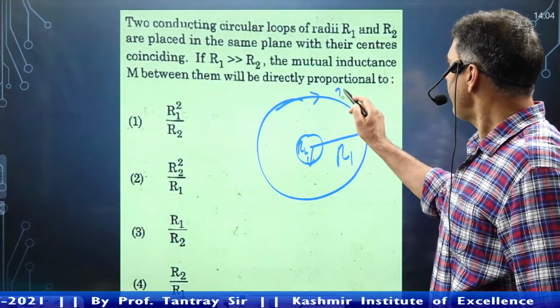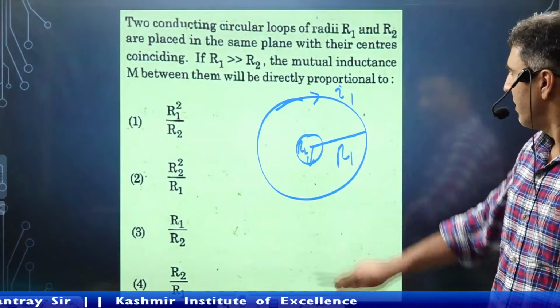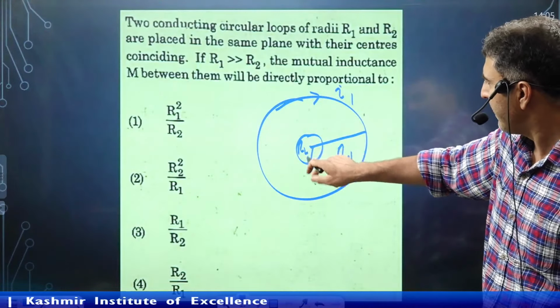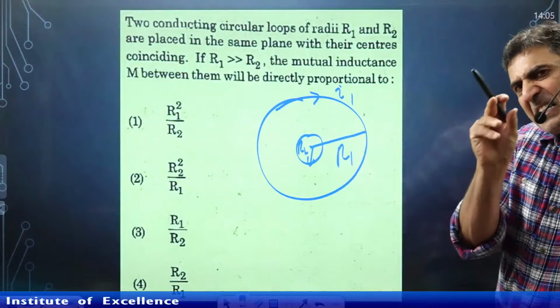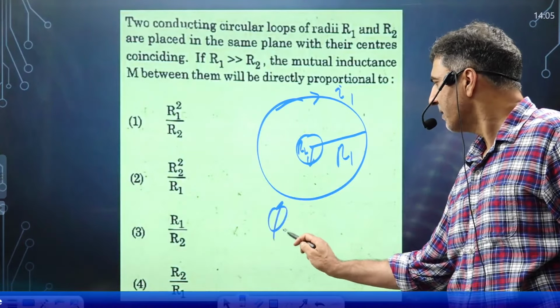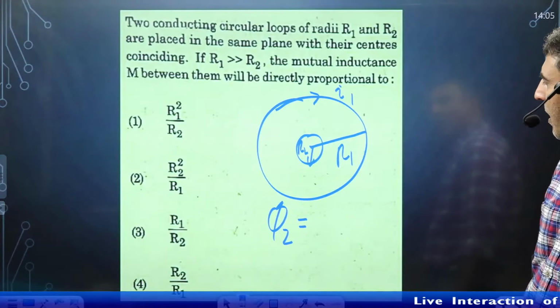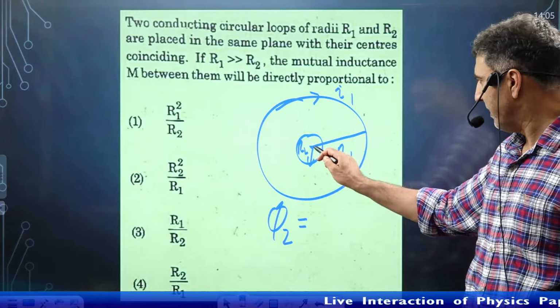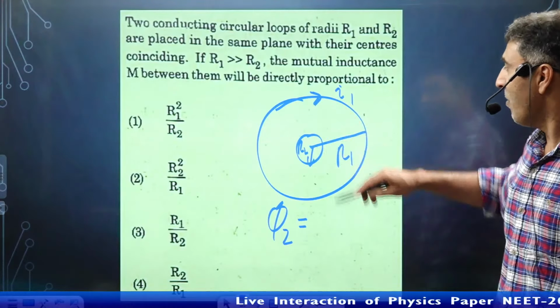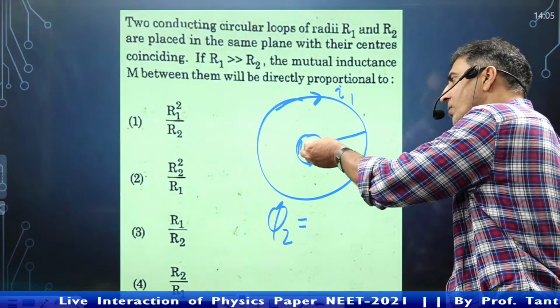Let me suppose current I1. This current I1 produces a magnetic field here at the center. How much magnetic field does it produce at the center, which passes through the inner circle? What's the flux through the inner circle? The magnetic field of the outer passes through the inner.